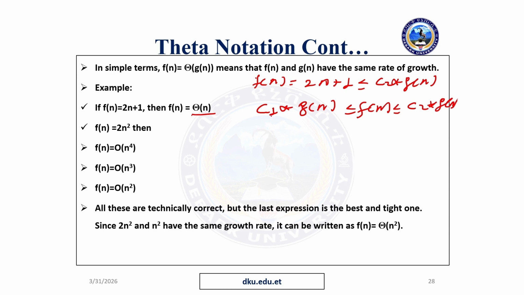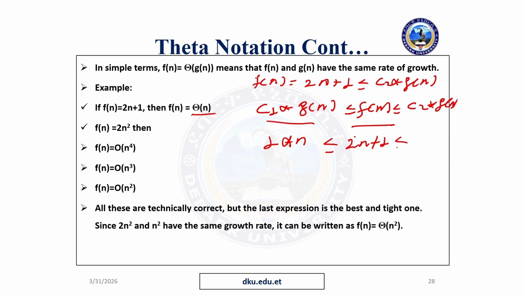In place of c1 times g of n, we should put a function that is less than or equal to f of n. So we can simply take 1 times n, which is less than or equal to f of n, which is 2n plus 1.